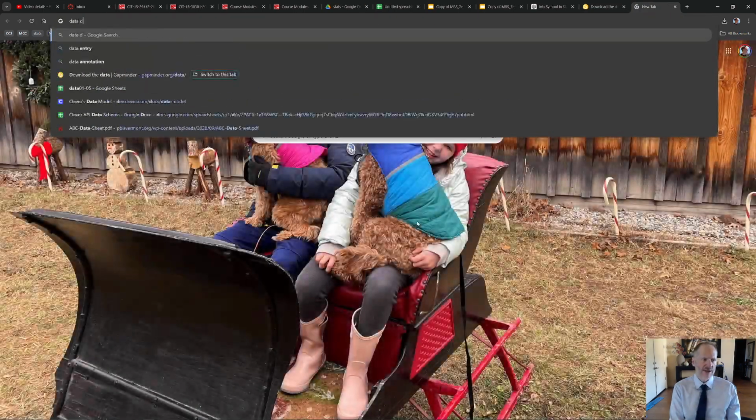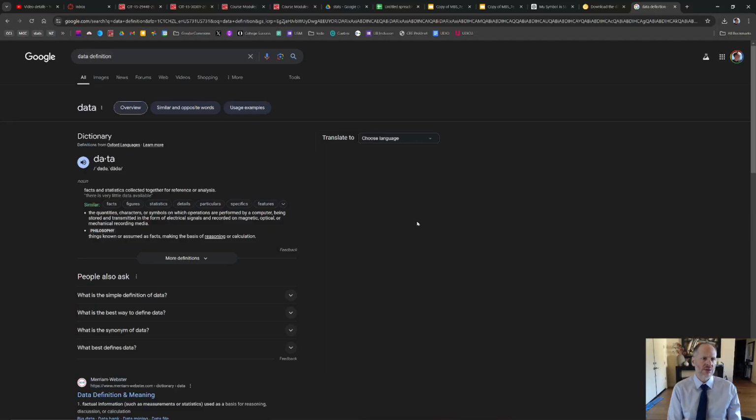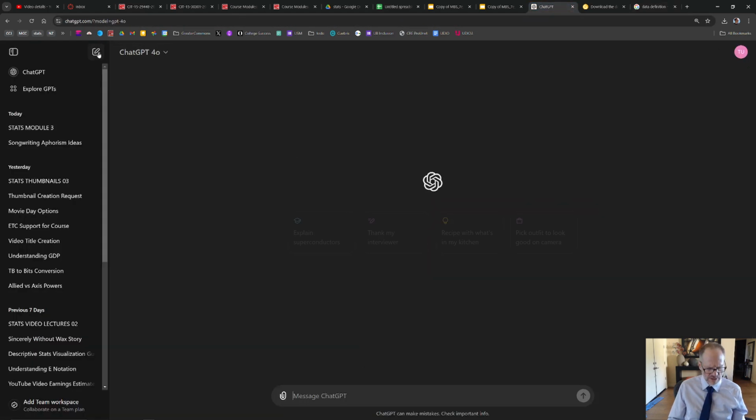And data, I was wondering about this earlier this morning, if the word data is used for both singular and plural. Sometimes on the web I'm looking for singular or plural, so I'm going to go to ChatGPT for this one. I'm going to say, is the word data used for both singular and plural when talking about data?